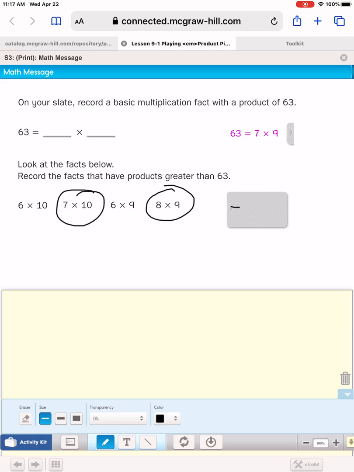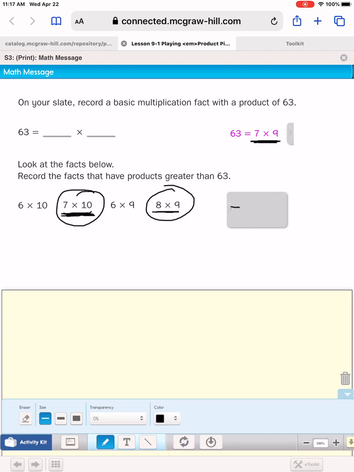Now I want you to take a close look at the numbers, the factors, 7 and 10, and 8 and 9, and see how they compare to our original factors of 7 times 9. When you compare 7 times 10 to 7 times 9, you would notice that the 9 has gone up to 10.